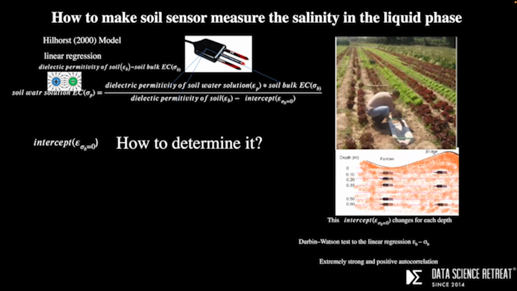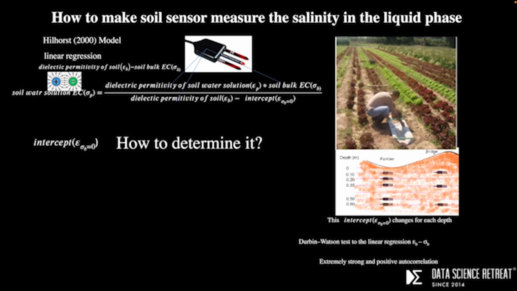In my research in Spain, I installed this sensor in the soil at different depths and got a different offset for each depth. The company said that you have to take one offset for all types of soil, but I found that at each depth there is a different intercept when I study this linear relationship.